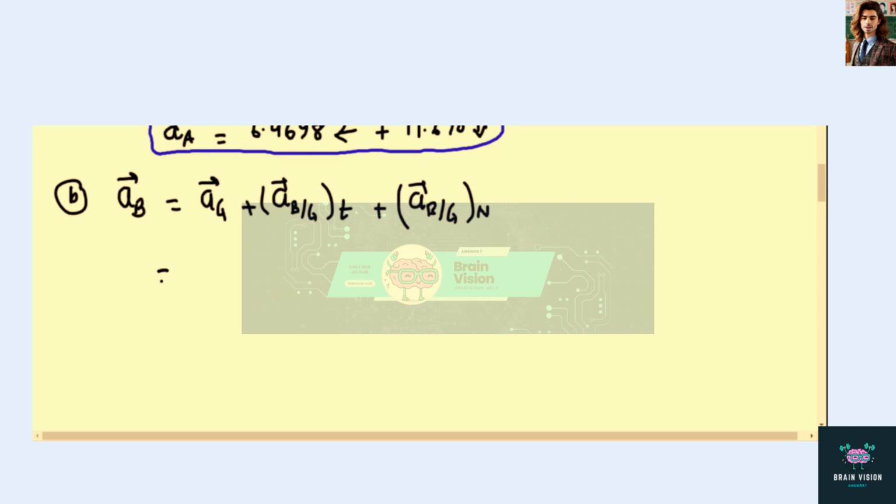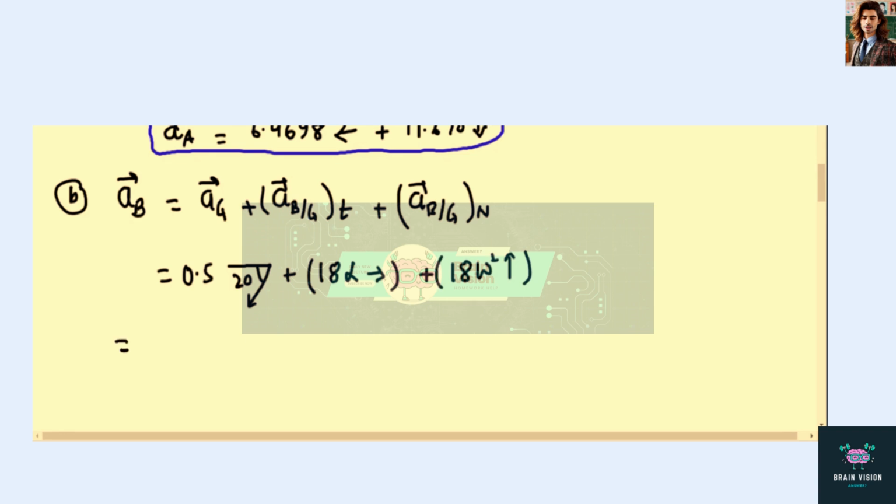This value you know, 0.5 in this direction. This is 18 into alpha towards right. This is 18 into omega square in the upward direction.